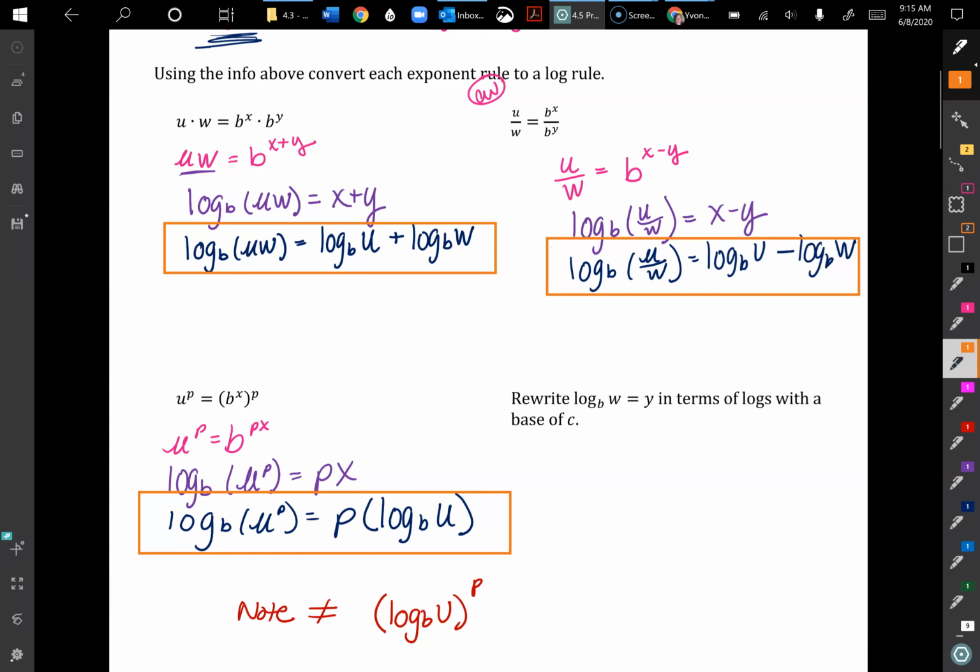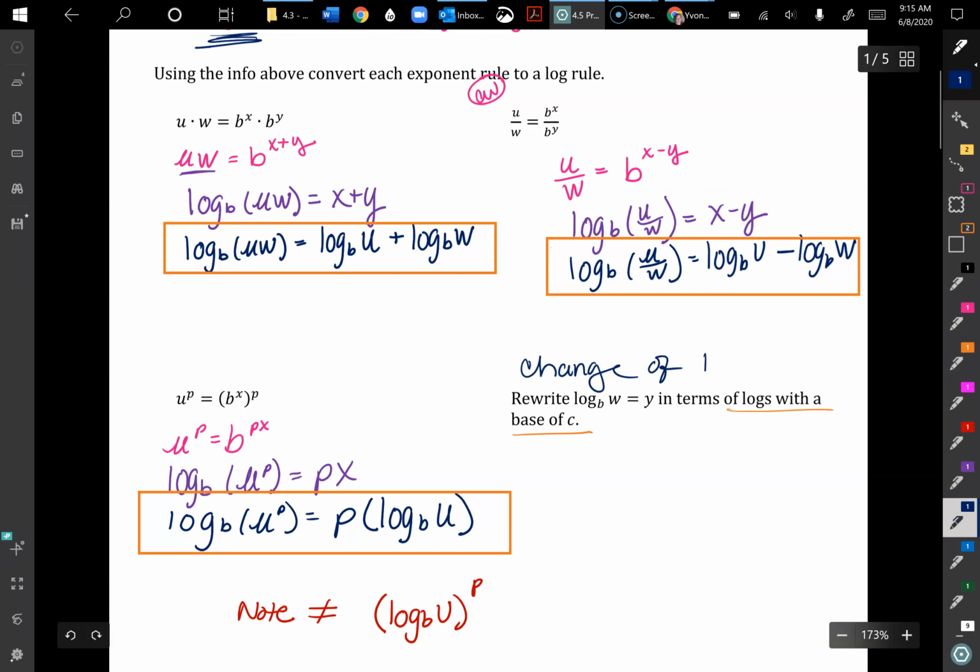So the next one we have is rewrite log base b of w equals y in terms of logs with a base of c. So this is called our change of base formula. That way we really like to have the same base a lot of times, and actually like common log, we can get it into that too. So that's really nice.